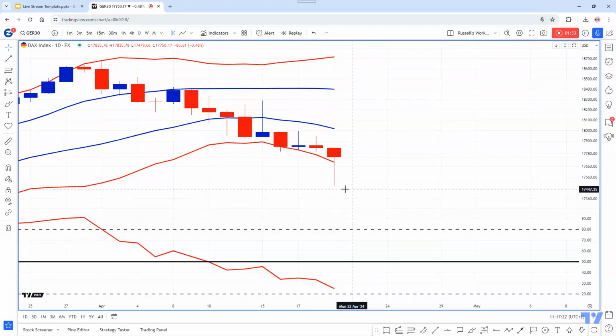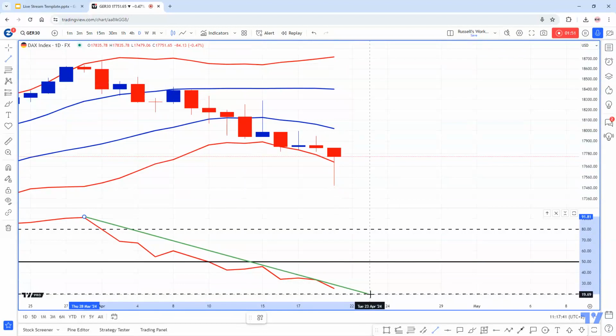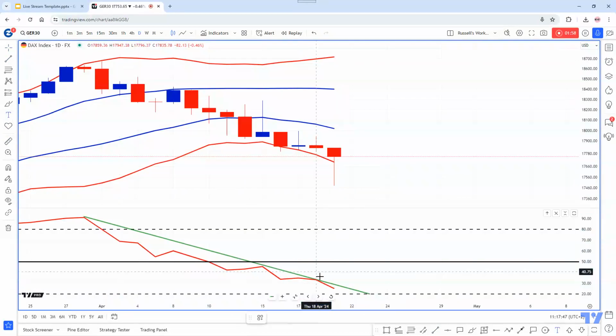But as we hit the low for the day, the bears lost control, and the bulls came in, probably feeling like there's some value now in the market, and the bulls are in control. Whether they are fully in control, we'll have to keep an eye on the RSI. What I want to see is the RSI break upwards above the down trend line over here.